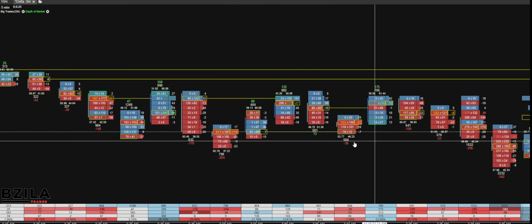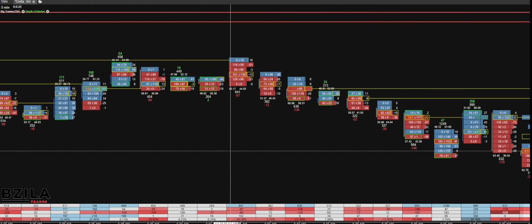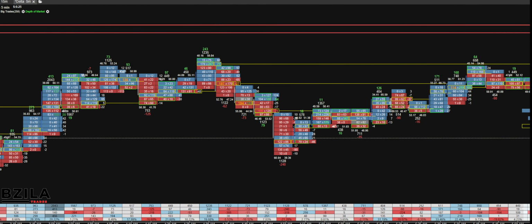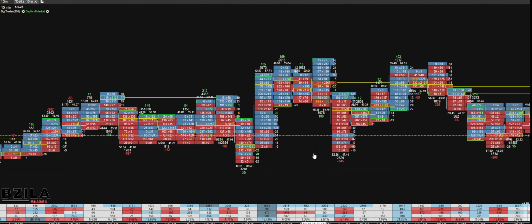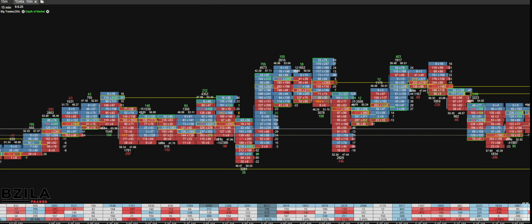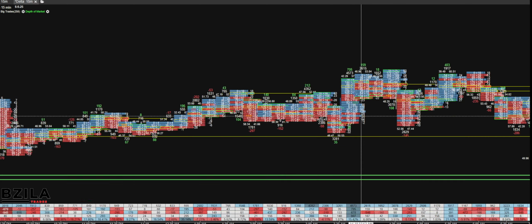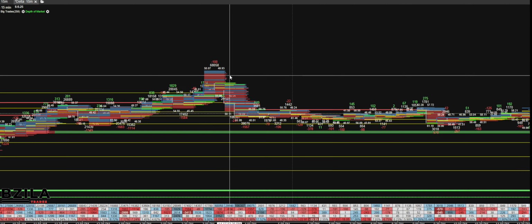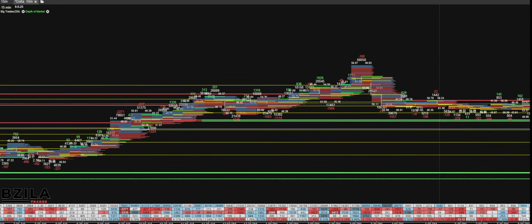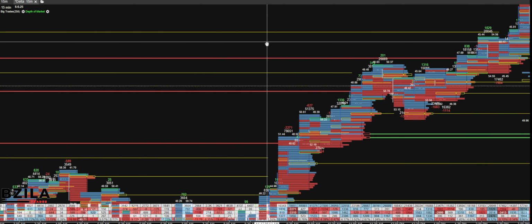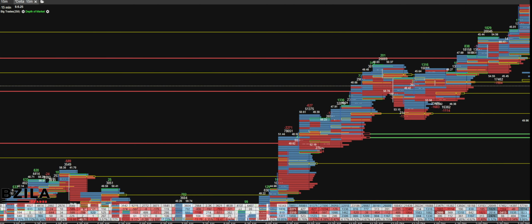It's a little complicated at first, but once you understand this, it really puts an inside look into what the market's doing. Especially inside the candle. It shows you inside the candle.